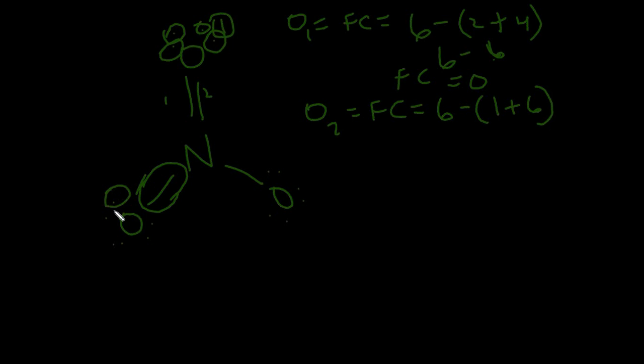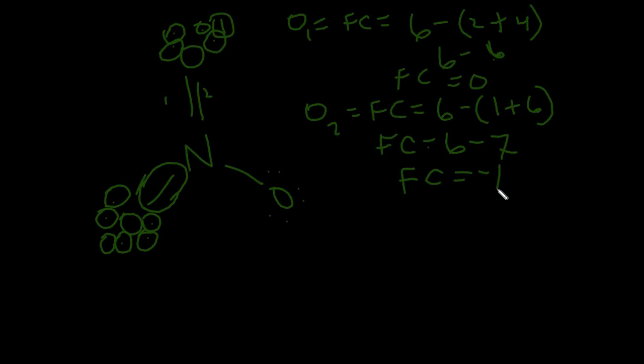We have 1, 2, 3, 4, 5, and 6. So now what do we have? We have a formal charge equals 6 minus 6 plus 1 is 7. That gives you a negative number. So the formal charge of the second oxygen is -1.